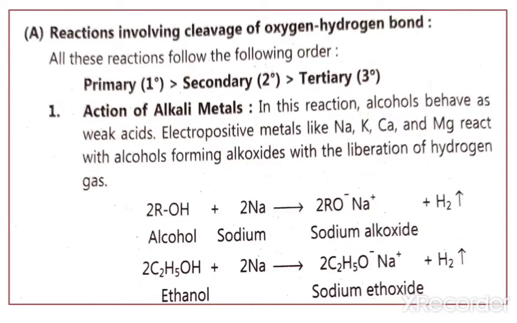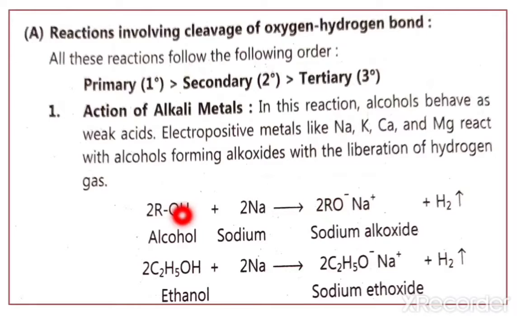In this reaction, the alcohol behaves as a weak acid, and electropositive metals like sodium, potassium, calcium and magnesium react with alcohol, forming an alkoxide with the liberation of hydrogen gas.